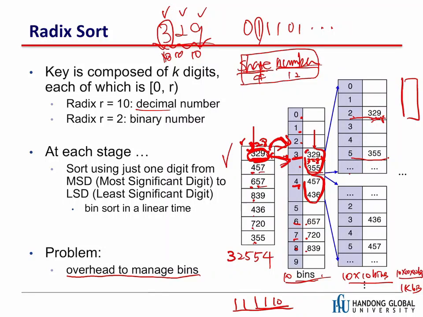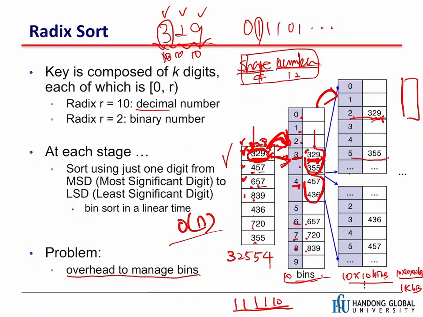So just put it in that bin, and putting one key to one bin takes just constant time. Okay, so we need constant time for this key, and we need constant time for the next. So in big O notation, it is just linear time, just n. For this stage, we need linear time.